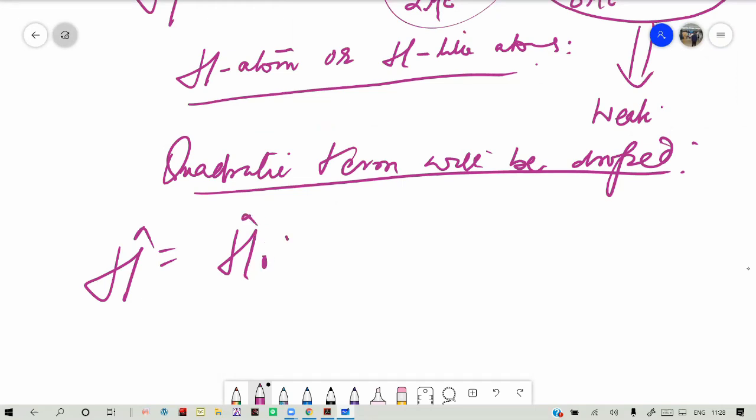Can anybody tell me what is H0? The unperturbed Hamiltonian. What will it be exactly? This is the Z direction.